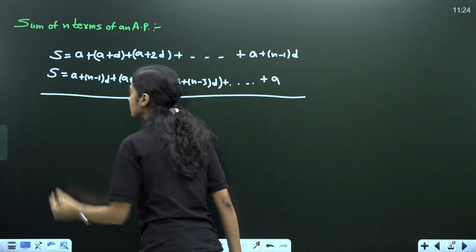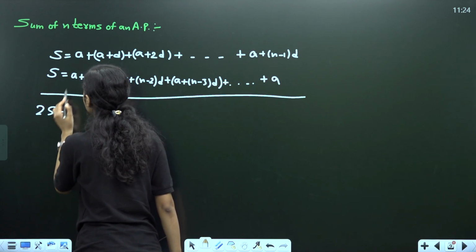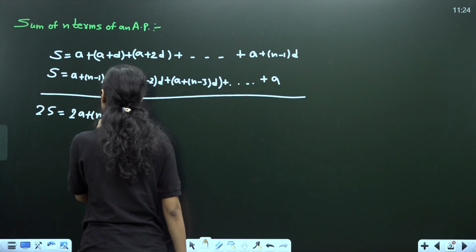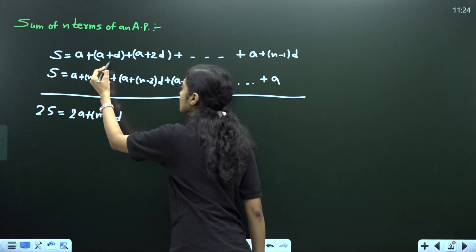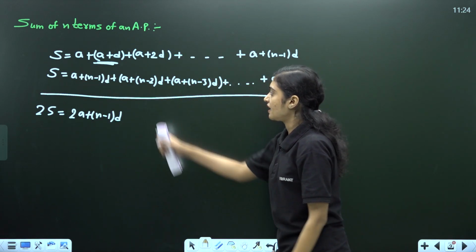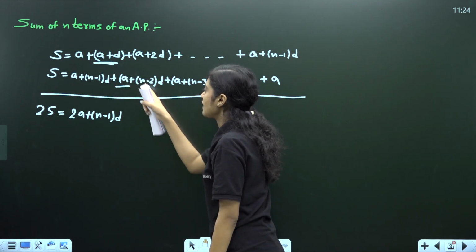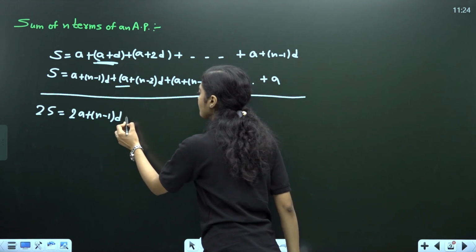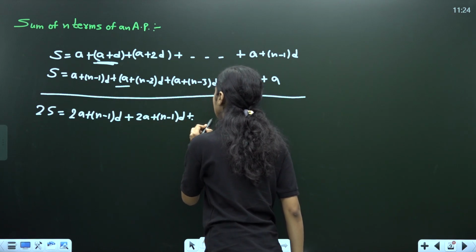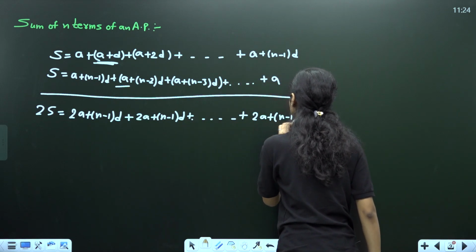If we add all the equations, then we get 2S equals 2a plus n minus 1 d. The sum of the starting term and the last term is 2a plus n minus 1 d, and the same for the second term and the second last term. The sum is the same for all terms, 2a plus n minus 1 d.